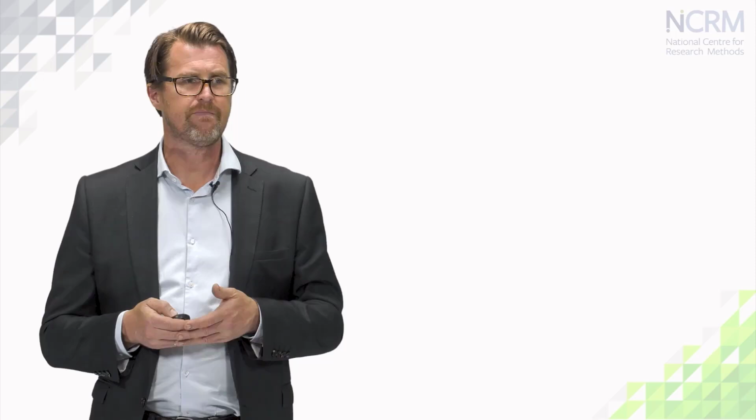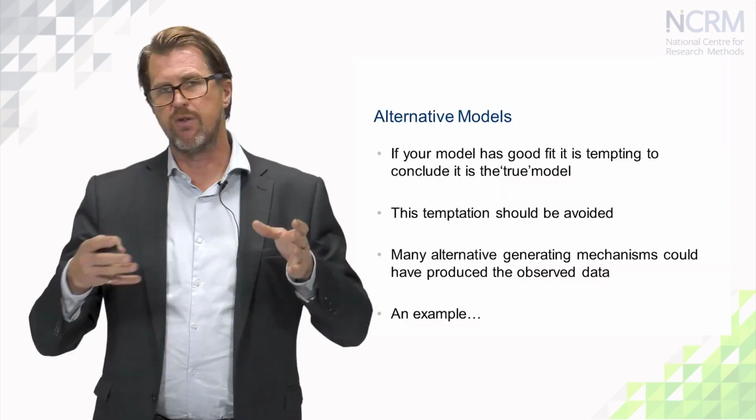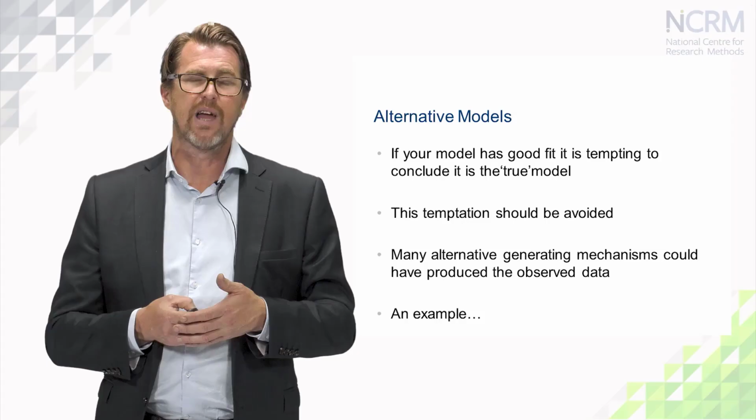Now, we've seen that the process that we follow in structural equation modeling is to specify the measurement model, get a good fitting model, then look at estimating regression paths between the latent variables, which we use to test our theory.